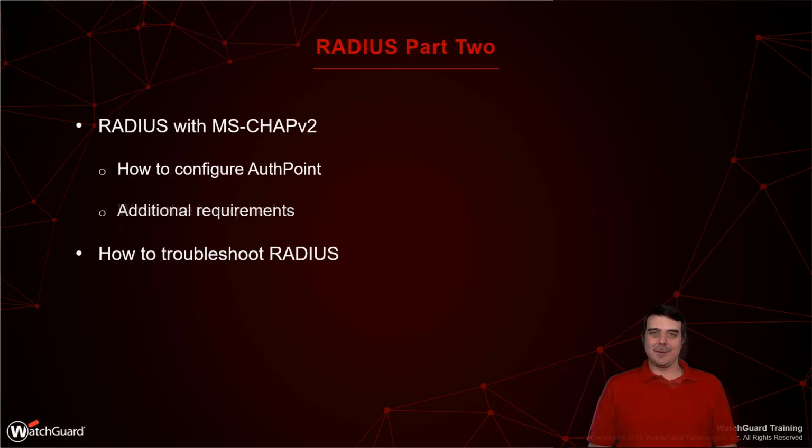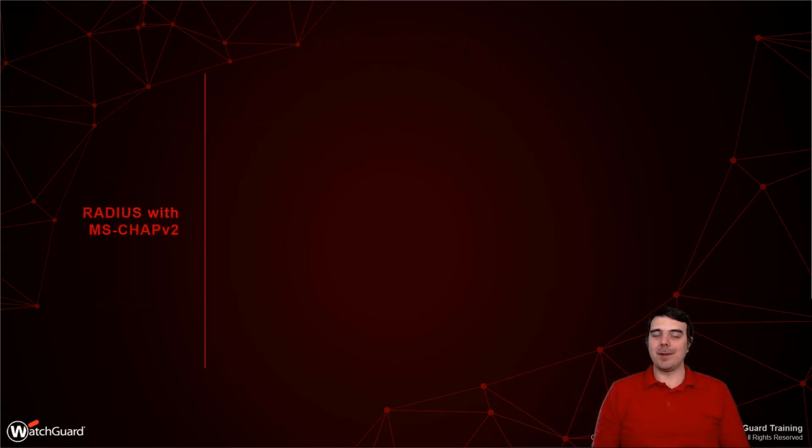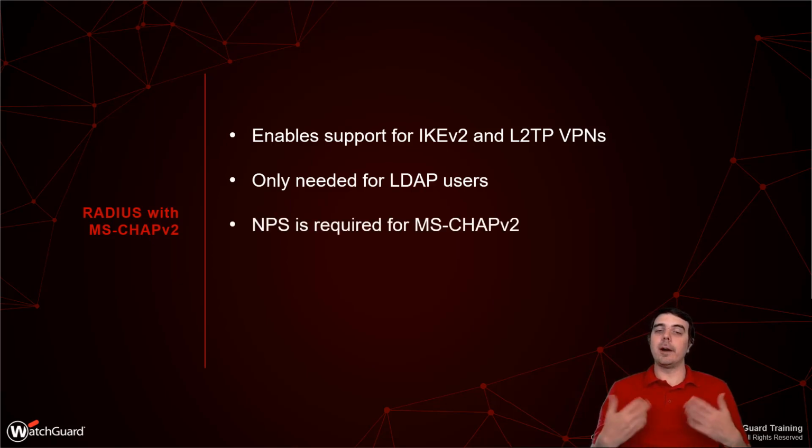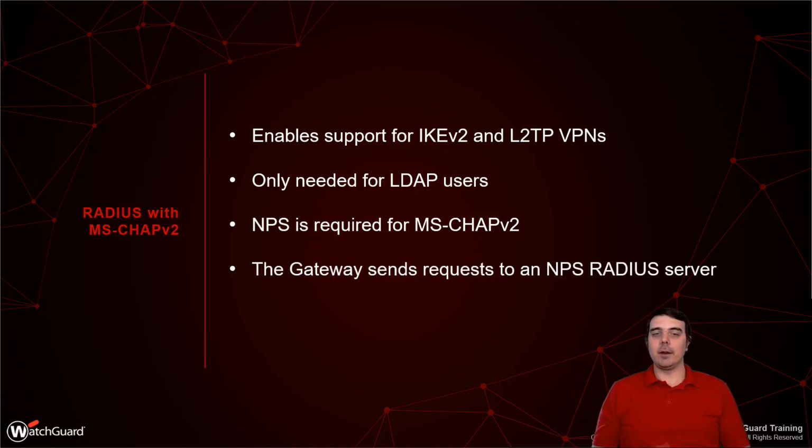So let's get started. As you might recall from the last video, AuthPoint is not able to authenticate an LDAP user when we receive their credentials using MS-CHAP v2. So in order for AuthPoint to validate these users, we need to deploy a network policy server into the environment alongside the AuthPoint gateway.